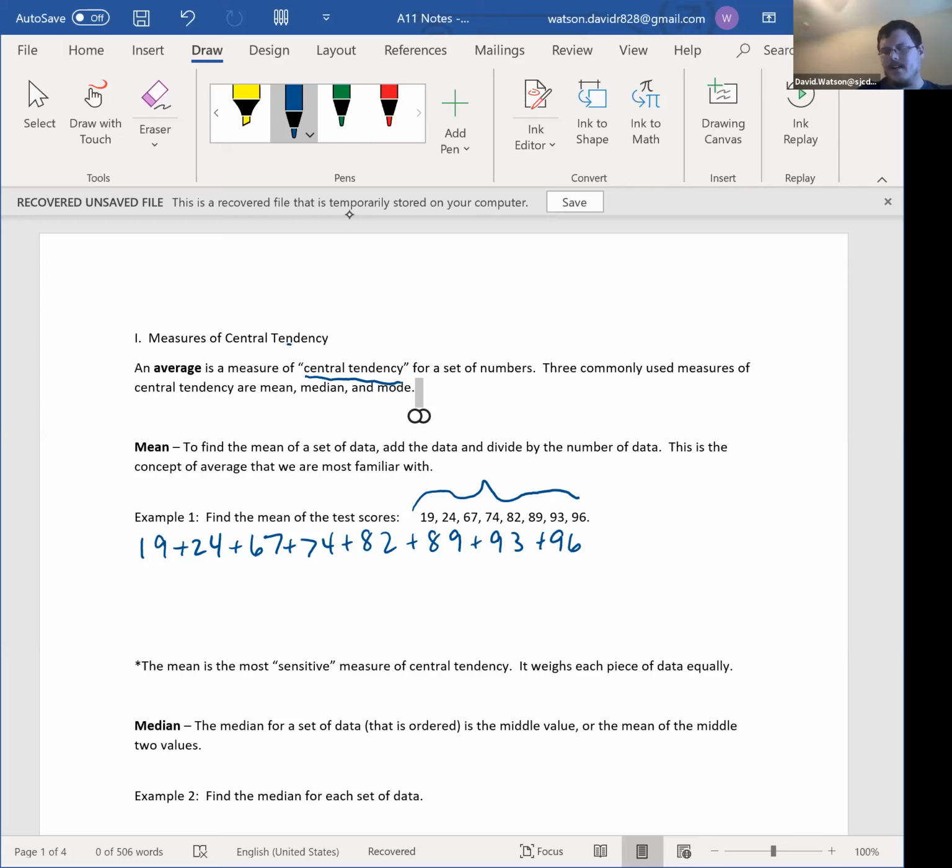If you put all of that into your calculator, you get 544.